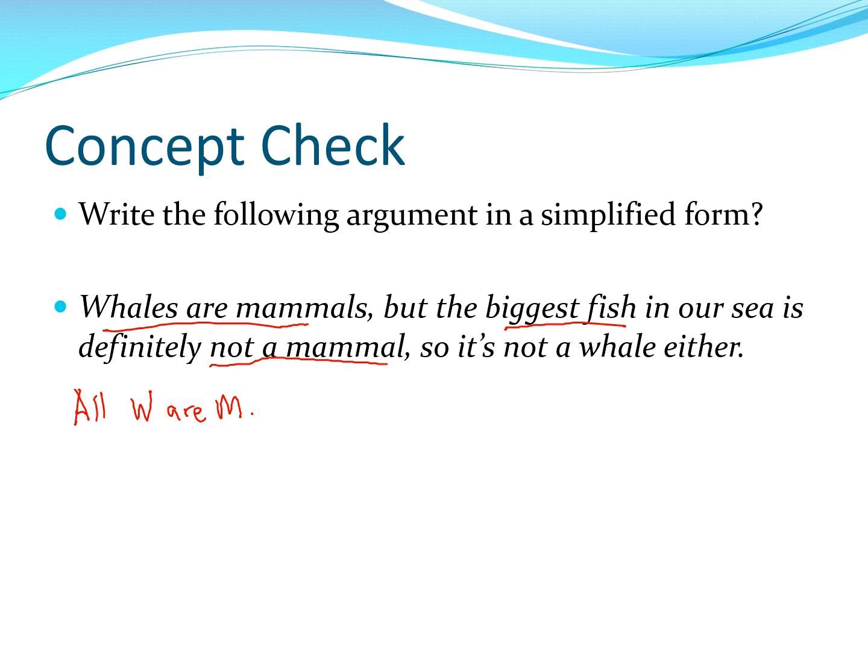So we can say B for biggest fish is not M. And then we would have our conclusion. So B is not W. B is not a whale. So W equals whales. B equals biggest fish.